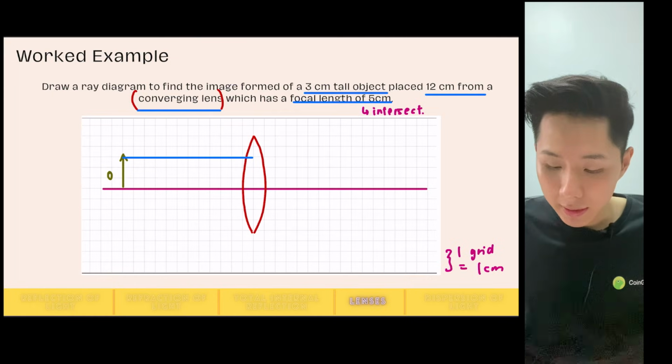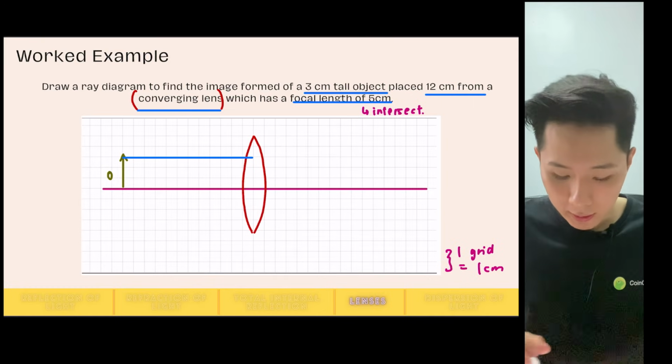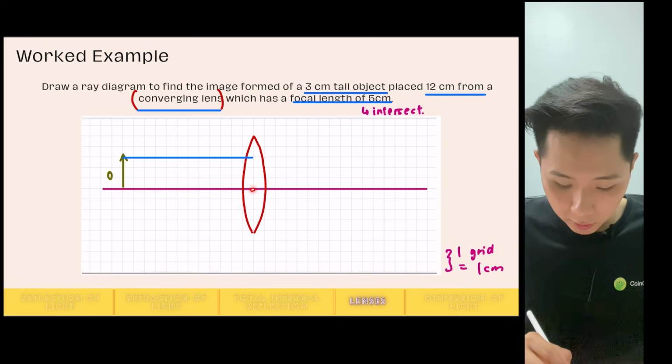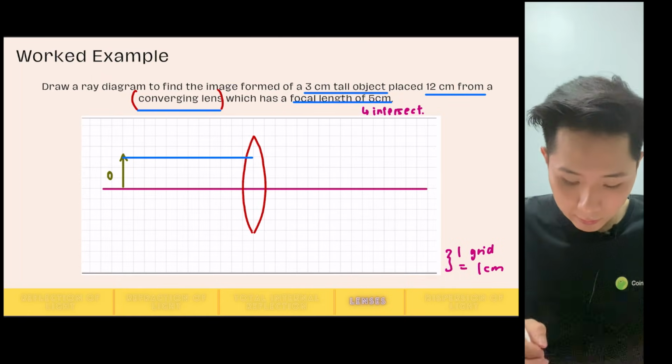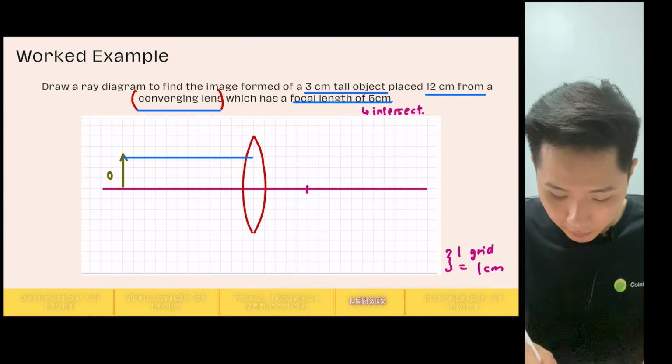So this is why it's important to label the focal point. Now I'm just going to go to the center of the lens and count 5: 1, 2, 3, 4, 5, because 5 is my focal length. So that will be my F.